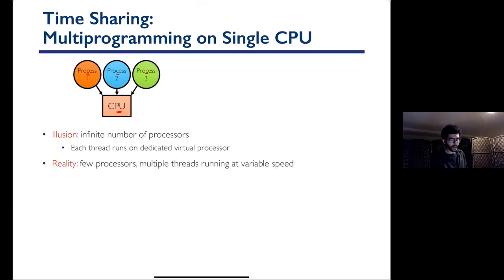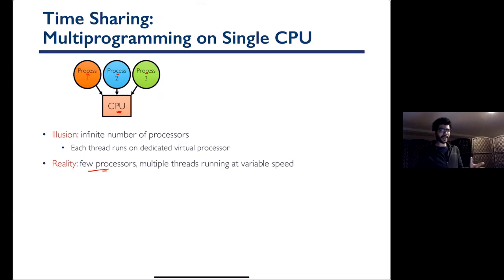In reality there are few processors in a system. Let's say you have a multiprocessor with 4 processors, and you're running 400 processes. And in the picture that we saw last time, you might actually have 2,000, 3,000 threads.